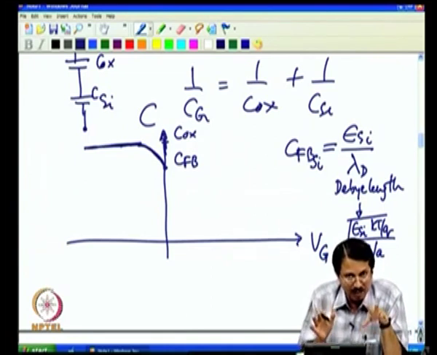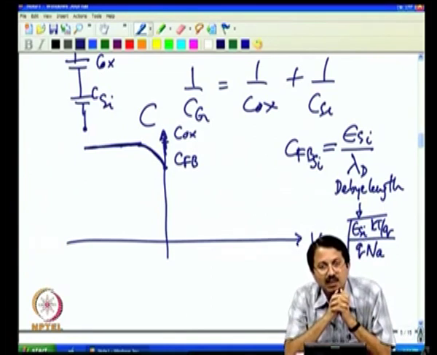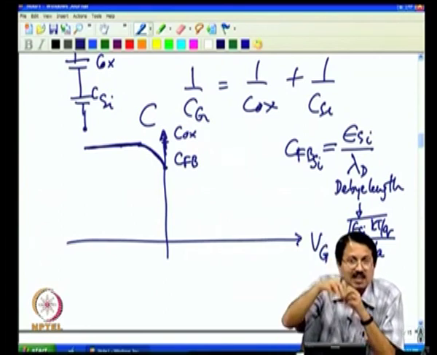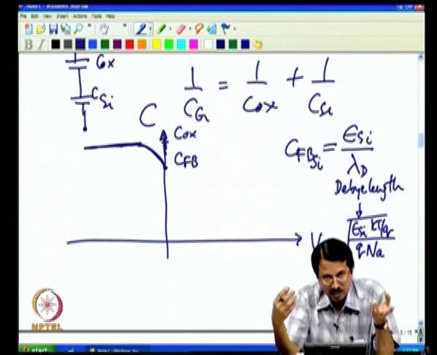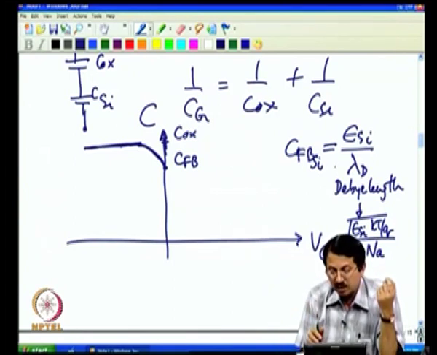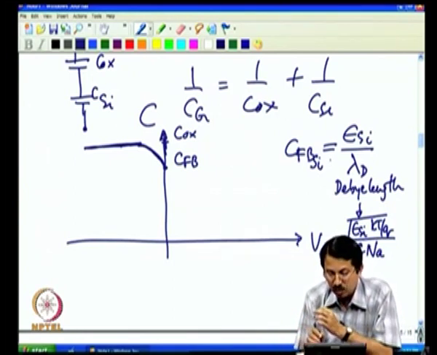Anytime once you know the silicon capacitance, you should put that in series with Cox and compute the equivalent capacitance, because that is what you measure in the external world. This is defined with respect to silicon only. You put this in series with Cox and you get an equivalent capacitance value which is lower than Cox, because this is not infinite, this is finite.